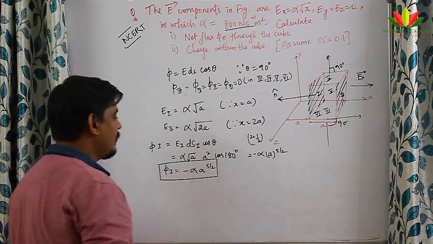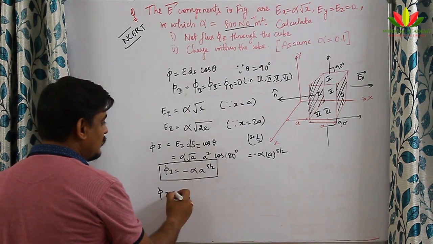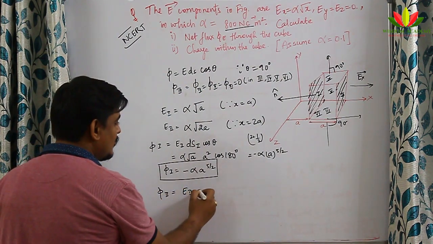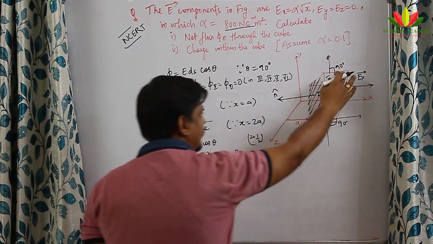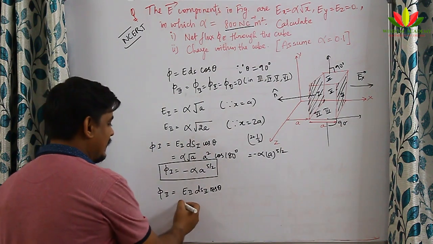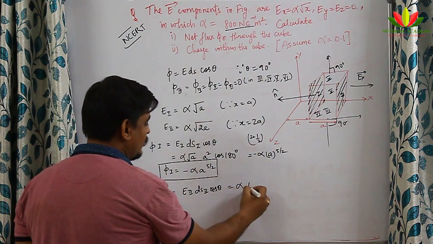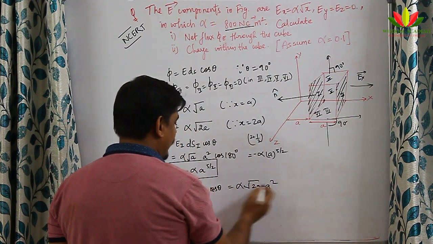Similarly, what will be phi 2? So phi 2 will be equal to E2 ds2 into cos theta. This is the second face. So for the second face, what is the value of E2? That will be equal to alpha into root 2a. What is ds? Again a square. And what is the theta?